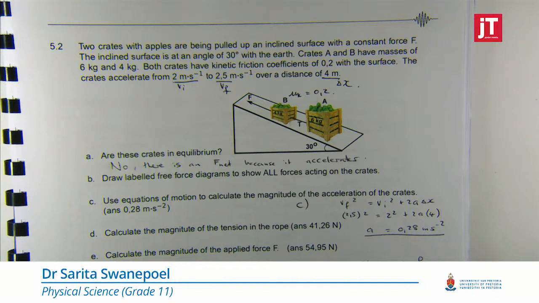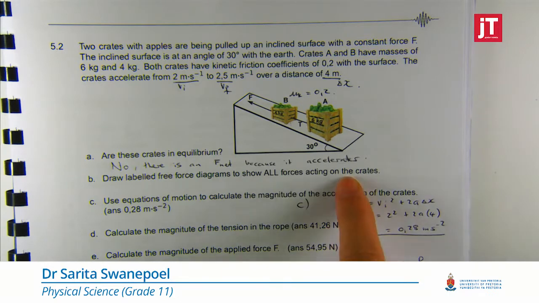And the answer was no. Equilibrium means F net is 0. It means you are with Newton's first law, so you're either standing still or traveling at constant velocity. And this is not constant velocity, the velocity is changing. There is a net force, and I know that because this crate is accelerating.